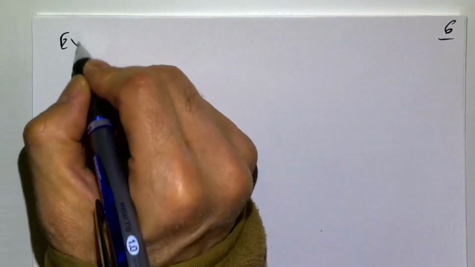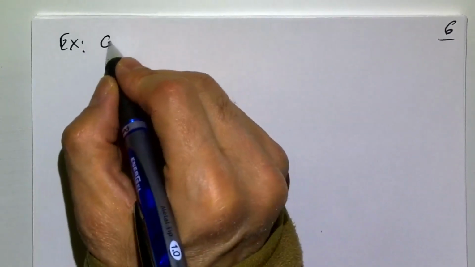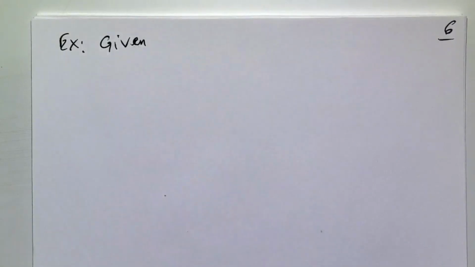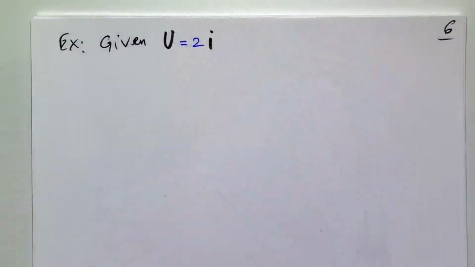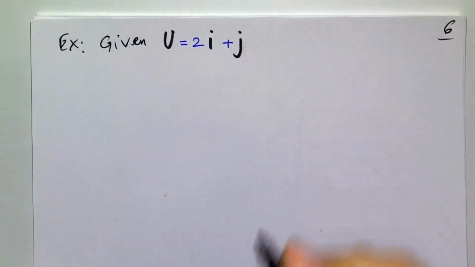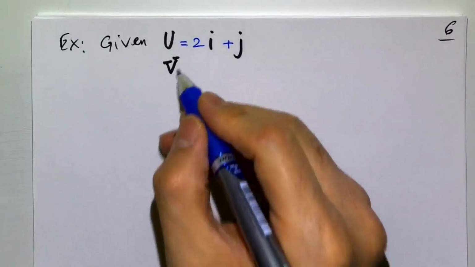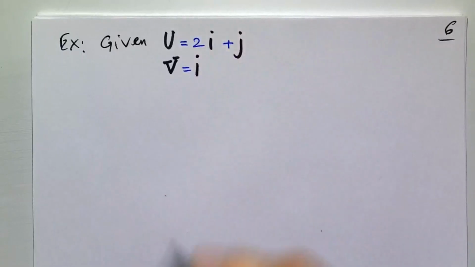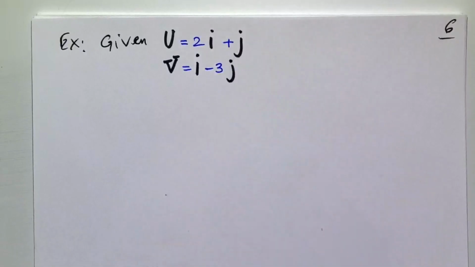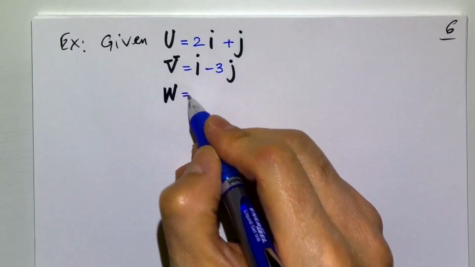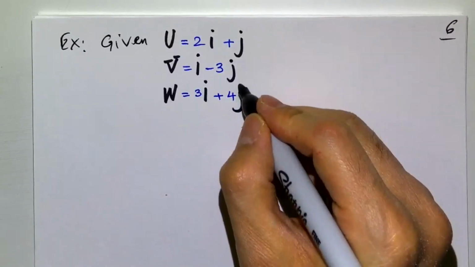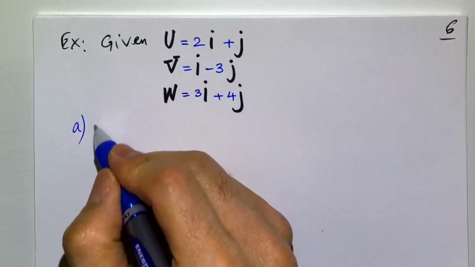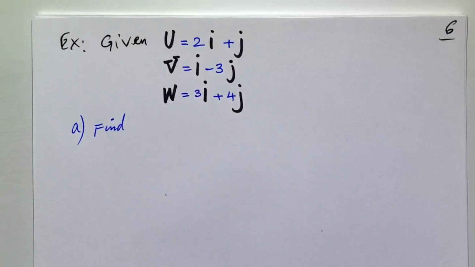Okay, so given these three vectors, u, v and also w, we want to find this result.